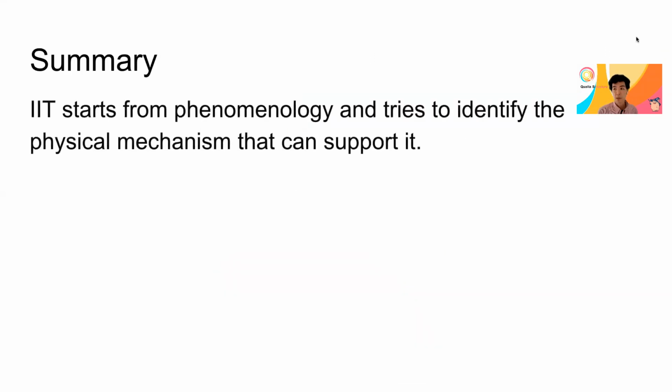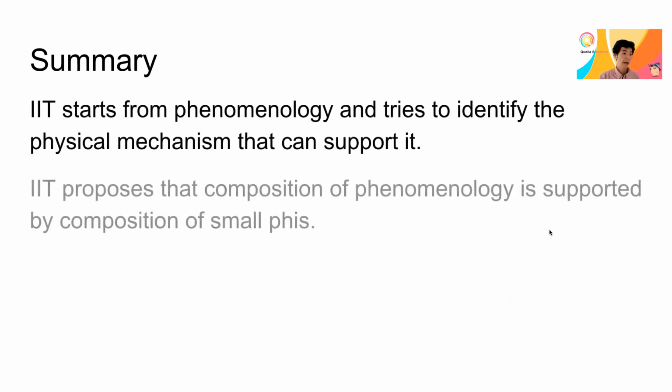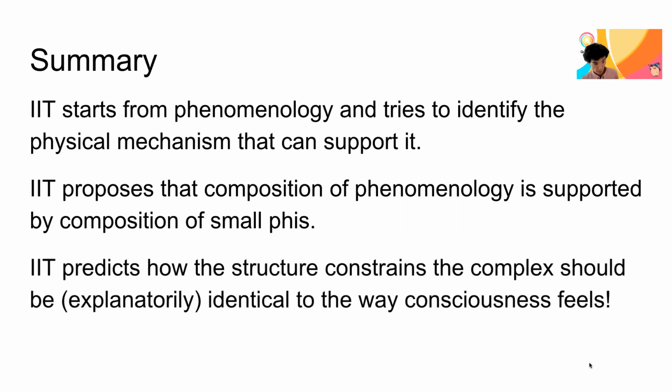So in summary, IIT starts from phenomenology and tries to identify the physical mechanism that can support it. And IIT proposes that the composition of phenomenology is supported by the composition of small pies, or integrated information. And therefore, IIT predicts how the structure constrains the complex should be explanatorily identical to the way consciousness feels, which is the qualia.